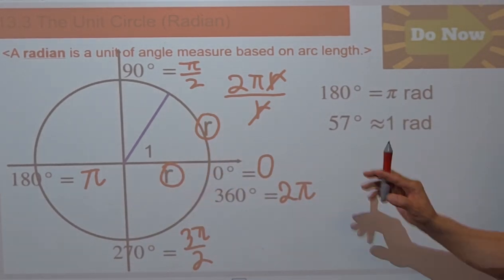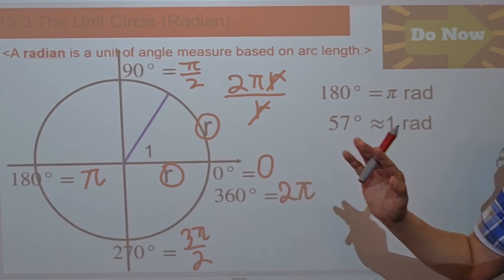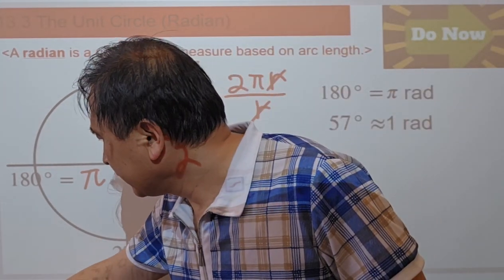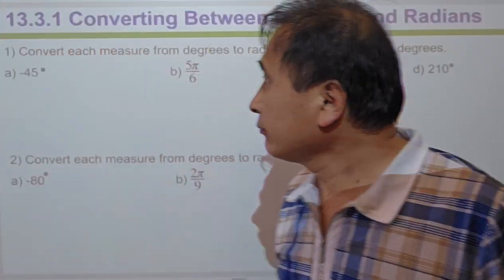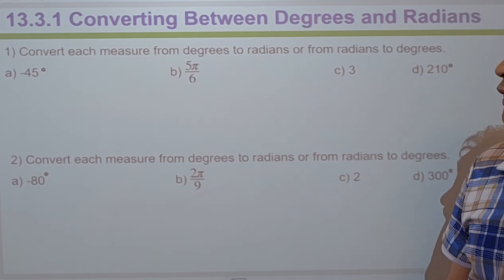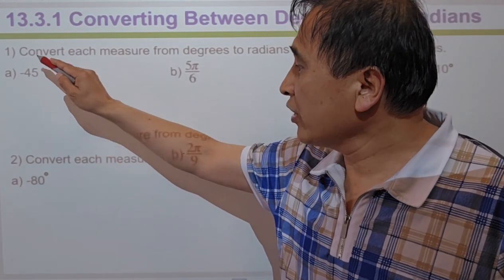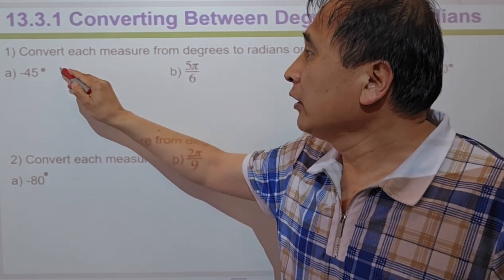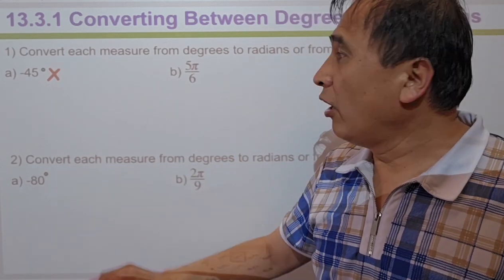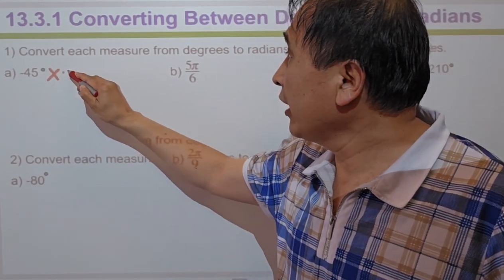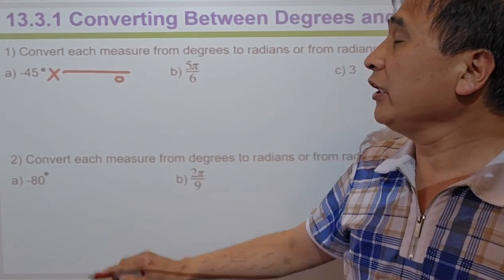So with that, you're going to change from radian to degree, and degree to radian. Do you know how to do that? Here, negative 45 degrees. To change degrees to radians, you put the degree sign at the bottom so the degrees cancel out.